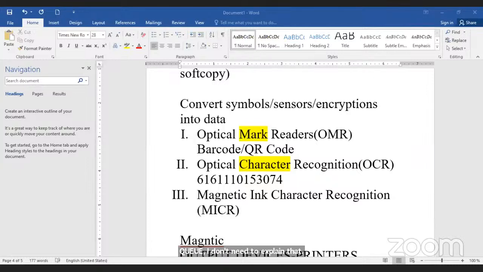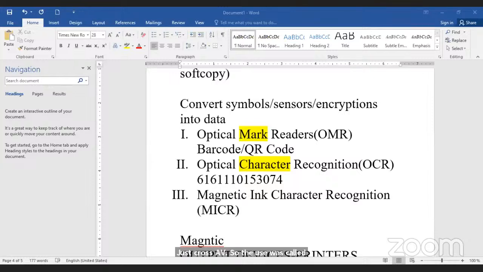Then optical character readers read the characters to identify the particular information. Someone is asking a very important question: KCPE, do they use ABCD? With ABCD, you just shade with a pencil, isn't it? You just cross ABCD. They use what's called mark readers.